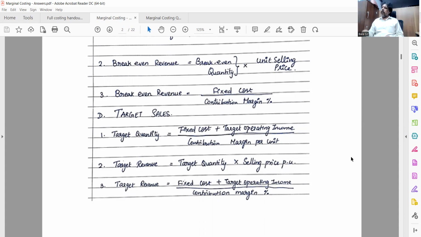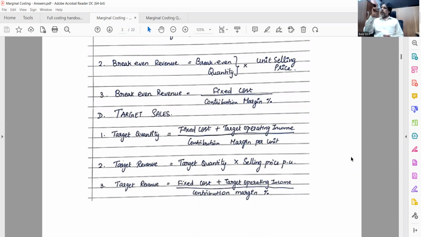You can add your fixed cost and profit, that is 1,28,000 numerator, divided by the PV ratio or contribution margin percentage, 0.4, which will also give you 3,20,000 directly.